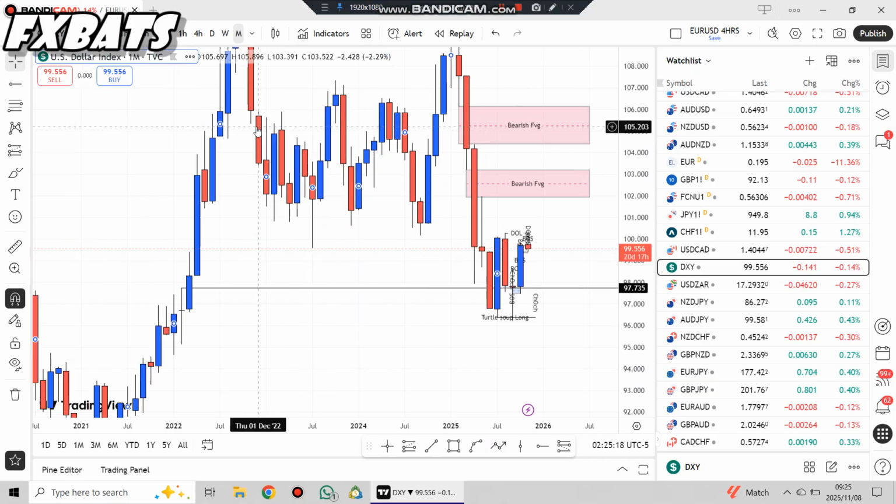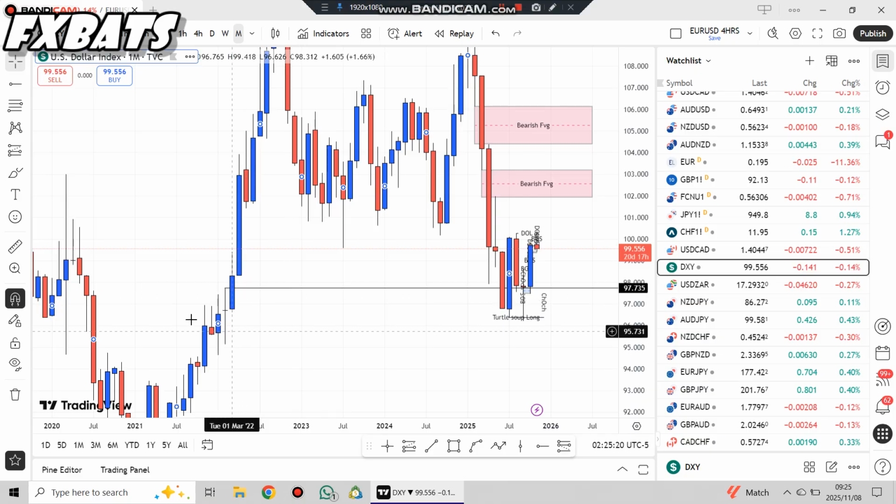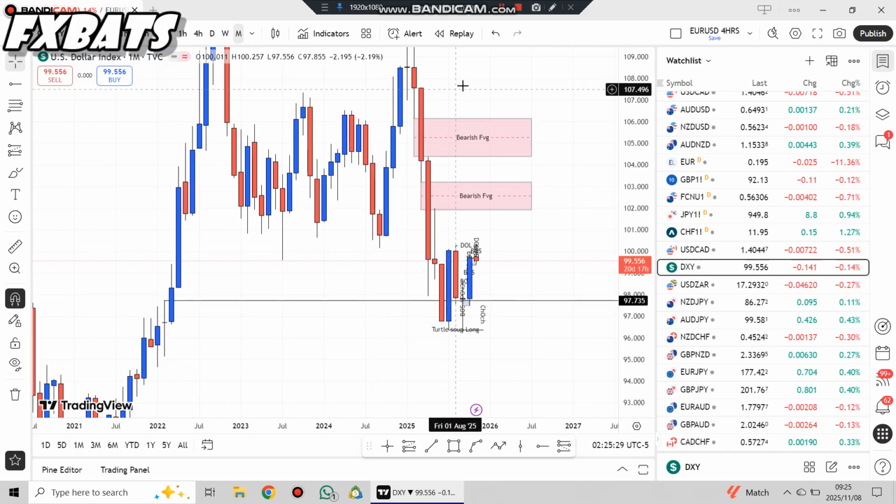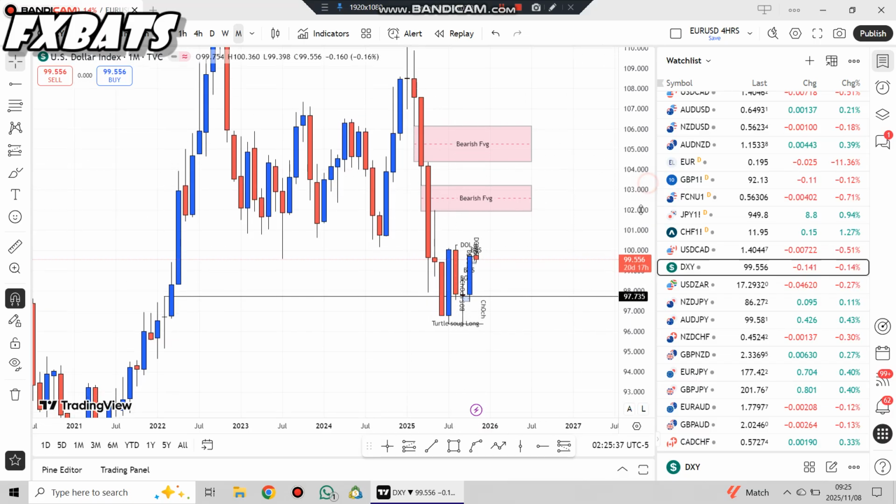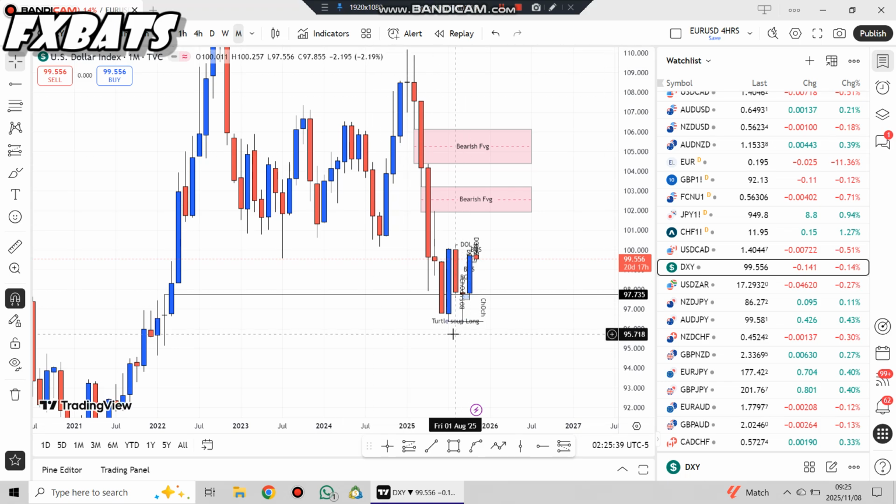And we can see on DXY on monthly, we are reacting off of the monthly order block. As you could see, this is the monthly demand. And precisely you could see we're having a monthly order flow. You see the bearish fair value gaps. This is the order flow leg from the swing high to the swing low. We have two bearish fair value gaps. So precisely, this is what we're going to see.